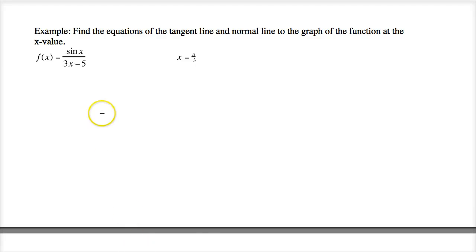Anytime a question asks you for an equation of a line, you're using point slope form. In case you forgot, y minus y1 equals m parentheses x minus x1.